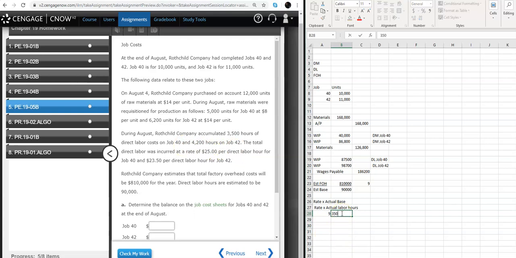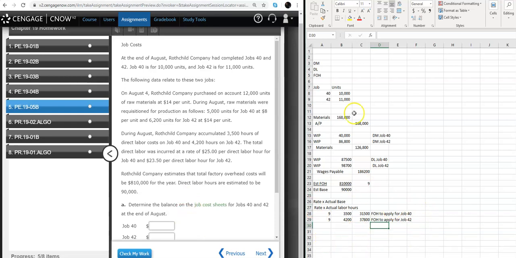So 3,500 is going to be my factory overhead to apply for job 40, and 4,200 is going to be my factory overhead to apply for job 42.